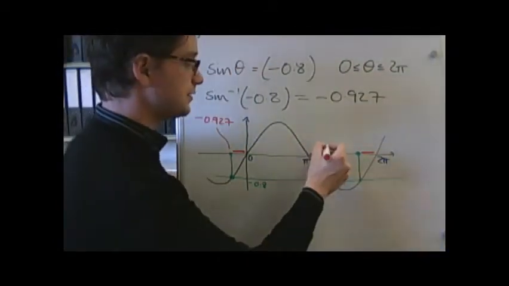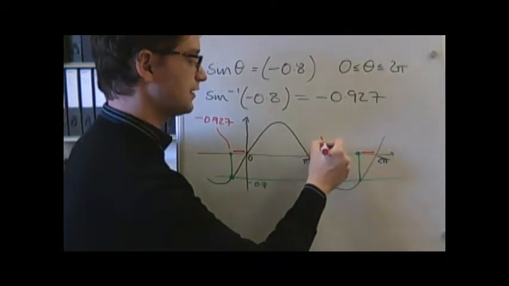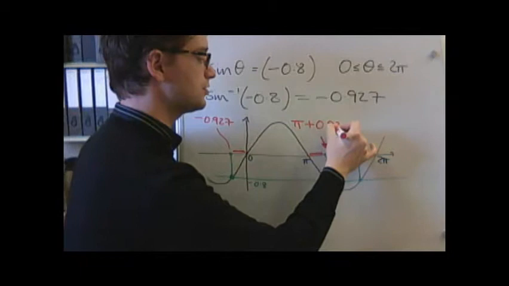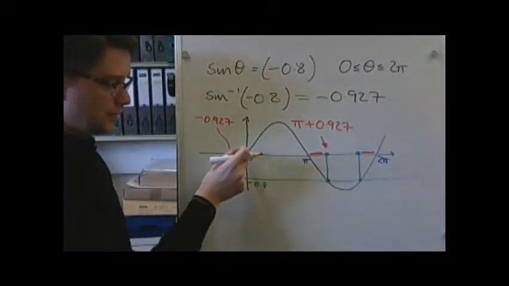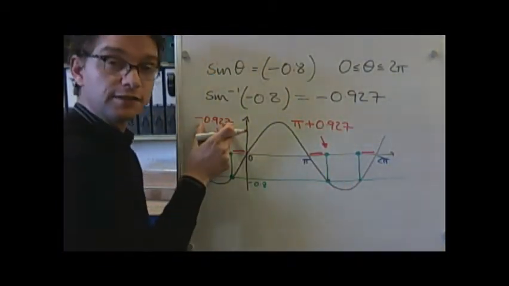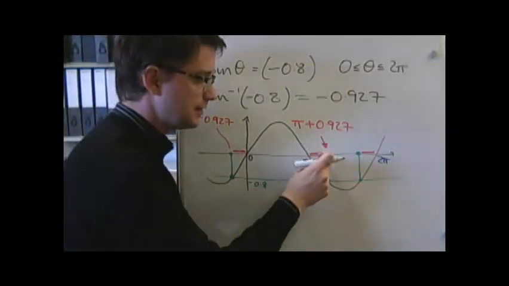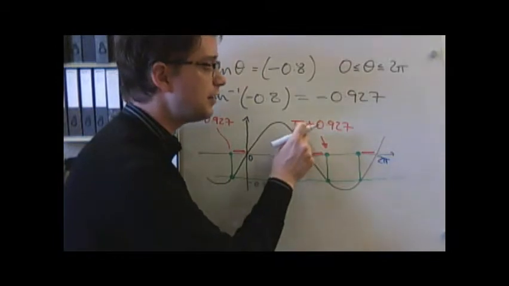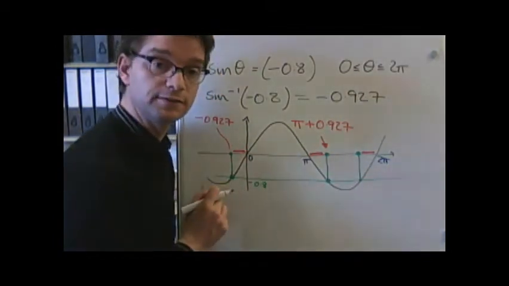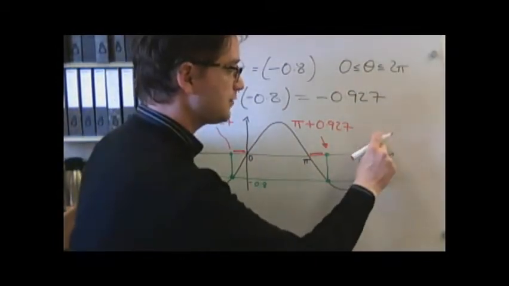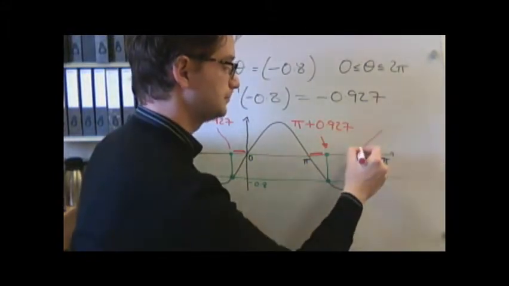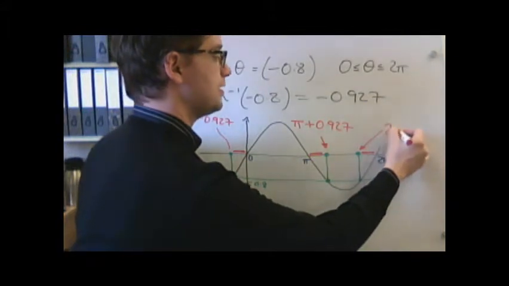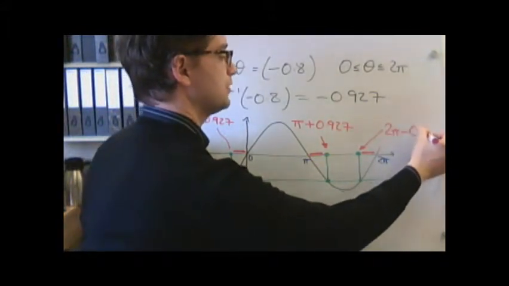So I think I know that this value must be pi plus 0.927, because this distance here is 0.927. The distance from here to here is the same as that. So this value of x here is just pi plus 0.927. This value of x here, I think, is 2 pi minus 0.927.